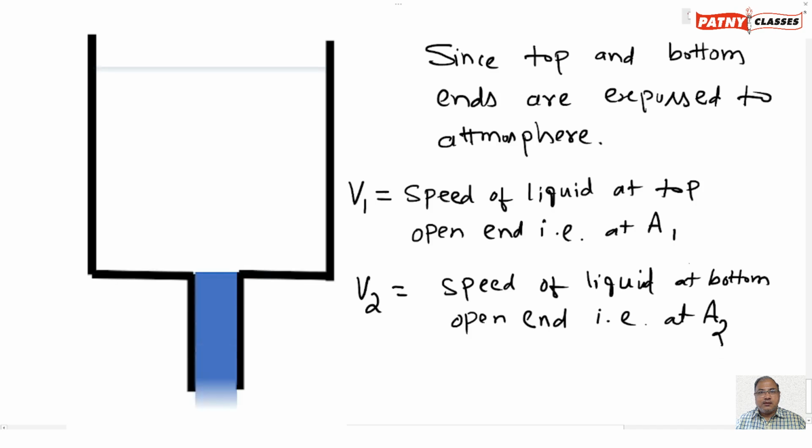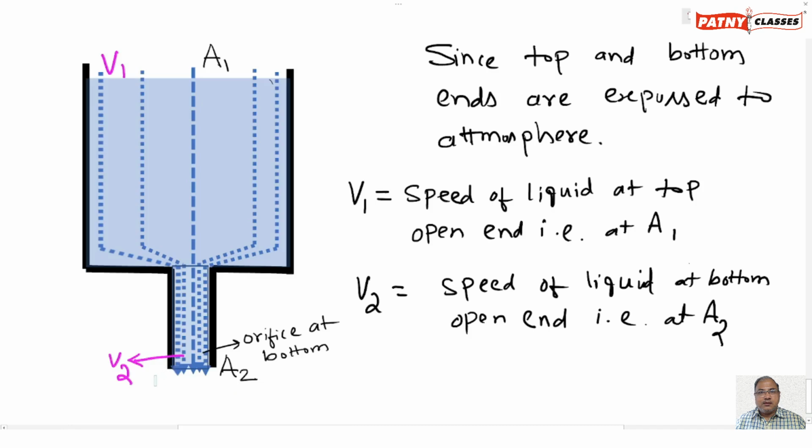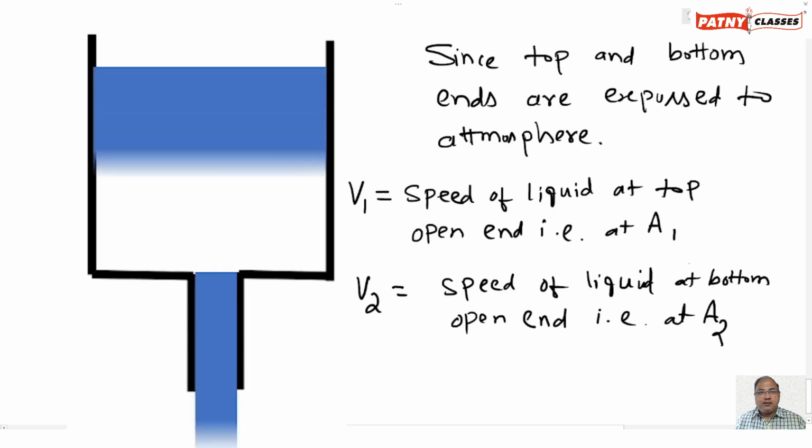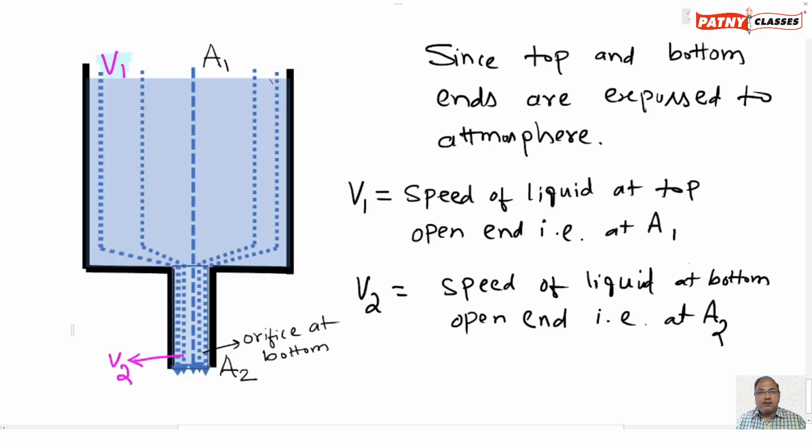So the question is, is the speed of liquid the same? Answer is no. The speed of liquid at the top end and bottom end are not the same. Let V1 be the speed of liquid at the top open end, that is at A1, and V2 be the speed of liquid at the orifice, that is the speed of liquid at the bottom open end.